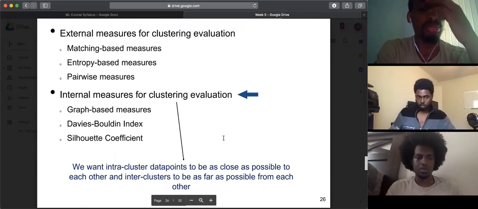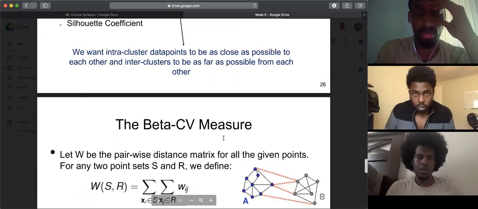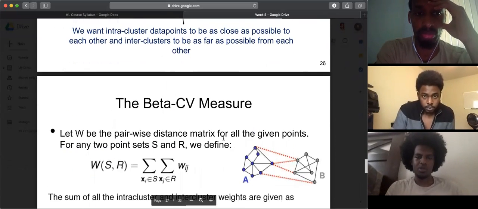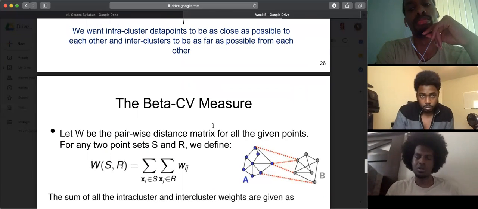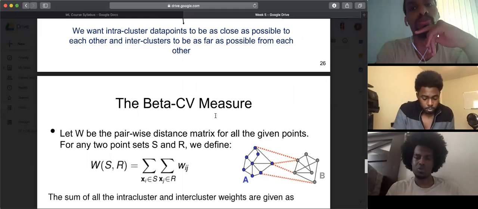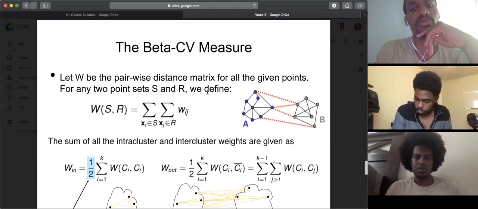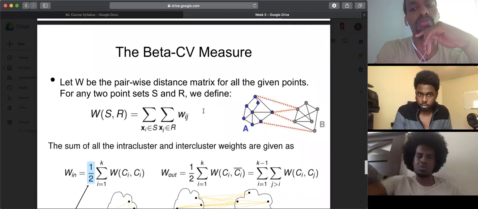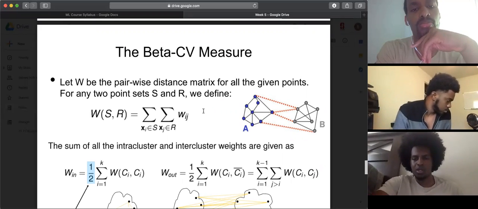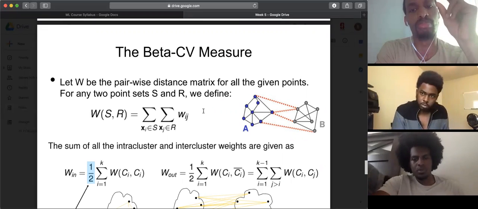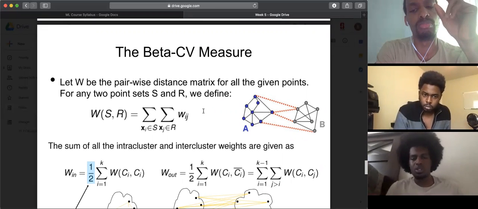So we'll talk about internal measures for clustering evaluation. This is when you don't have a ground truth label or a data set of partitions of ground truths. So here you're doing the pairwise distance matrix. You're calculating W between any two point sets, S and R, which is the sum of W_ij. So this is the sum of intra-cluster and inter-cluster weights.